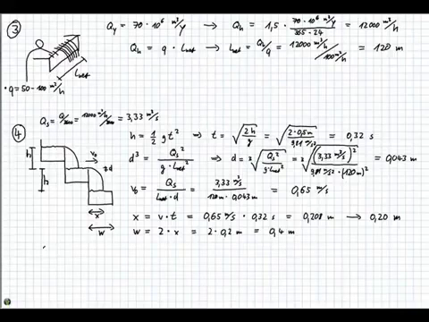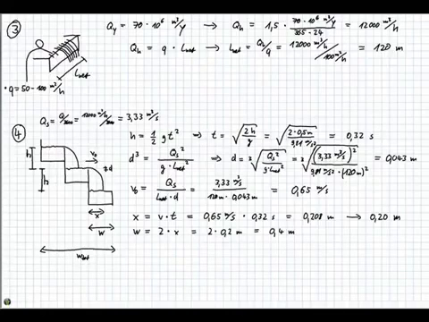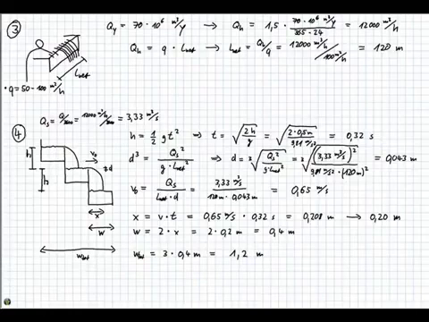However, since we're interested in the total width, which I indicate in the drawing as W total, we have to multiply the width by 3. And this gives us our final result, total width of the cascades being 1.2 meters.